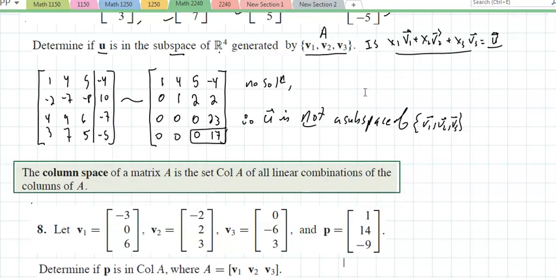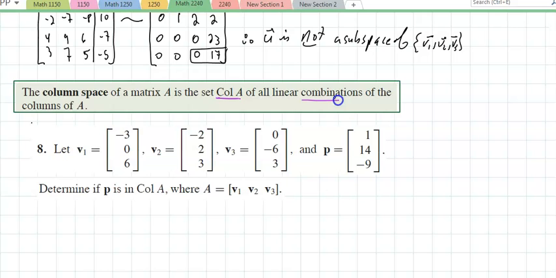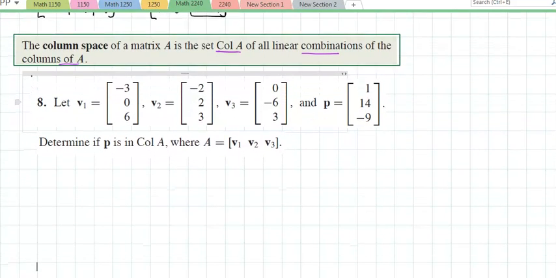Alright, another definition says column space. The column space of matrix A, which we denote by Col A, is the set of all linear combinations of the columns of A. Again, they're giving us A right there.